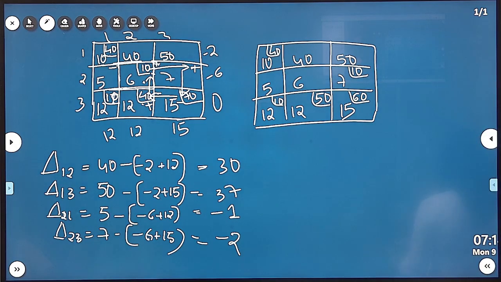The solution is not optimal, we need to make it optimal. Okay, so all the Dij values should be positive. Till then we need to solve the question.